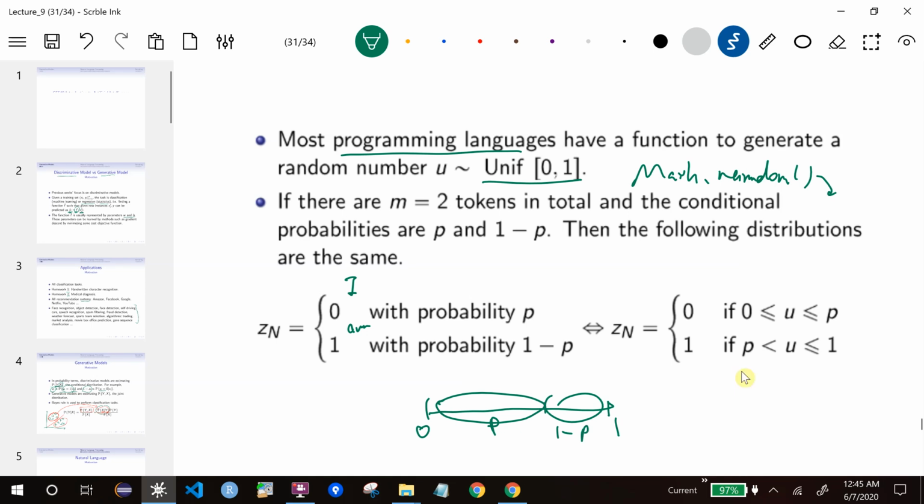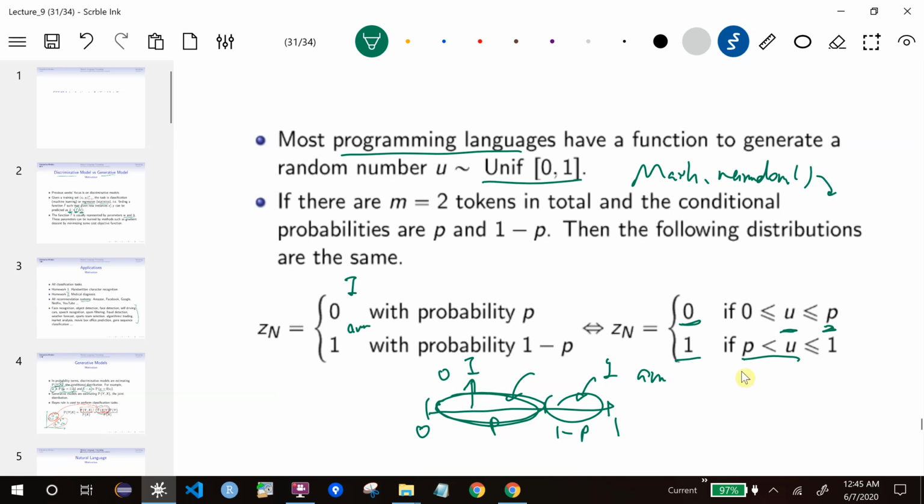Then we just generate a random number here. If it's in the first region, I'm going to output 0, or just output I. And if it's in this region, I'm going to output 1, or alternatively, I output the word M. So that seems very simple. And the idea is, if we generate a random number less than p, we output 0. If it's larger than p, we output 1.